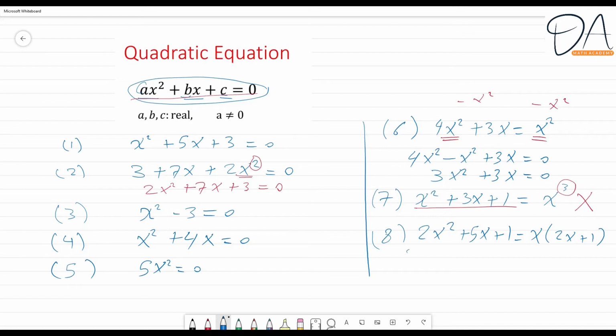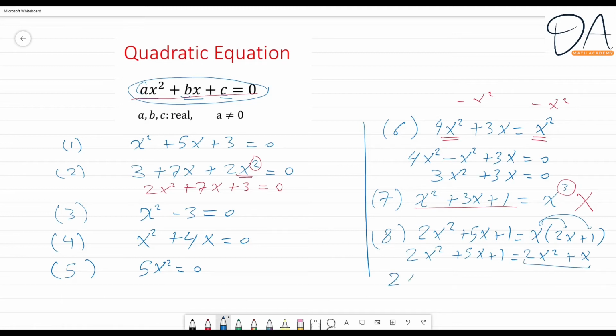However, if we expand the other side, so x times 2x, that gives you 2x squared, and then x times 1, that gives me x. If I want now to move all of this to one side, I can subtract this from both sides.